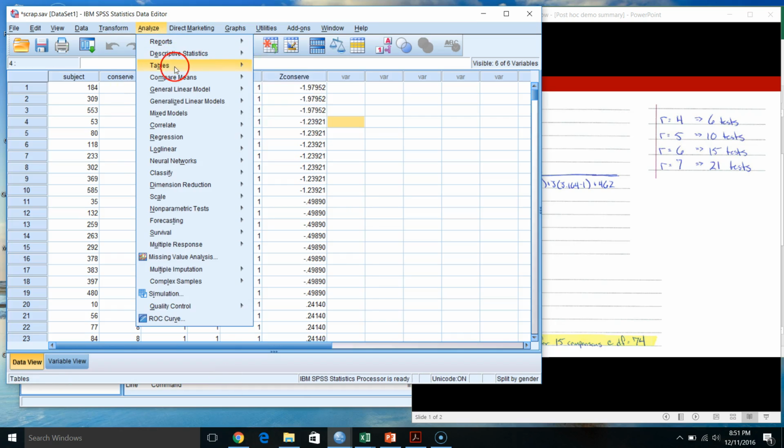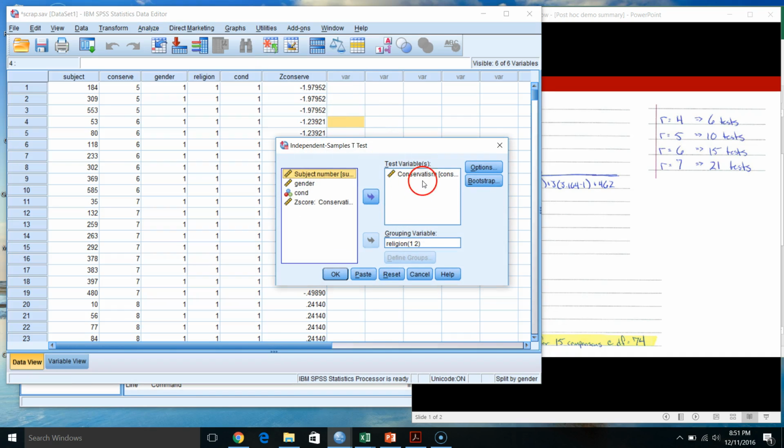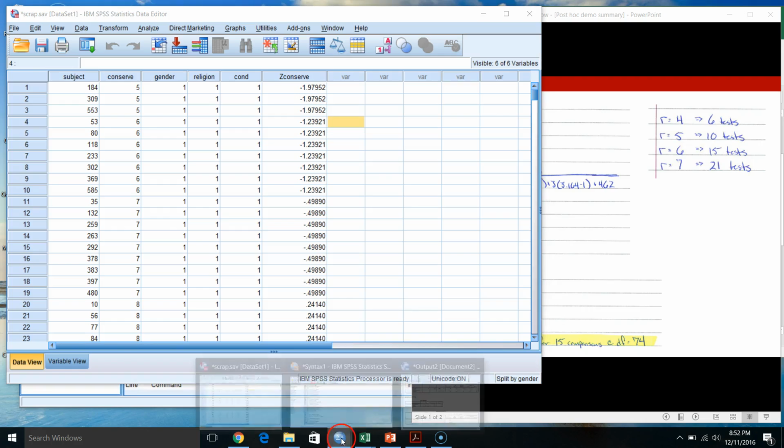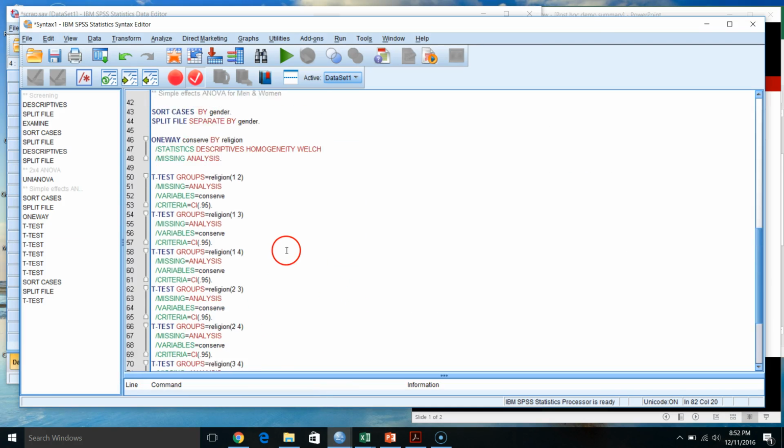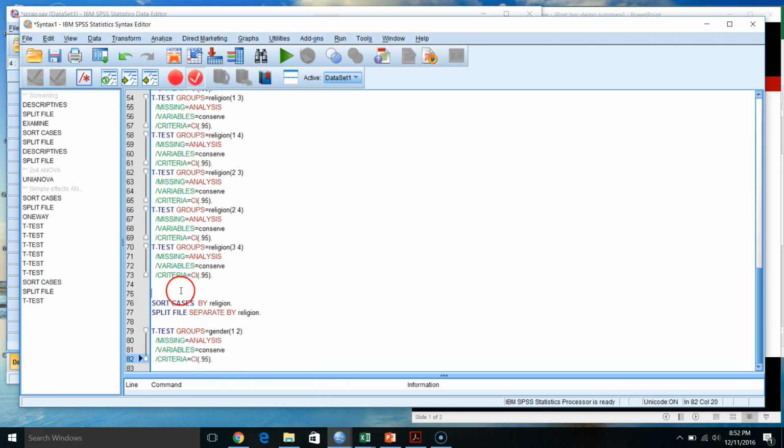Then I'm going to go to Analyze, Compare Means, Independent Samples T-Test. Conservatism is still what I want here. Okay, and now I want to look at differences in conservatism across gender. That's going to be the same: 1 men, 2 women. Conservatism. I'm going to hit Paste.